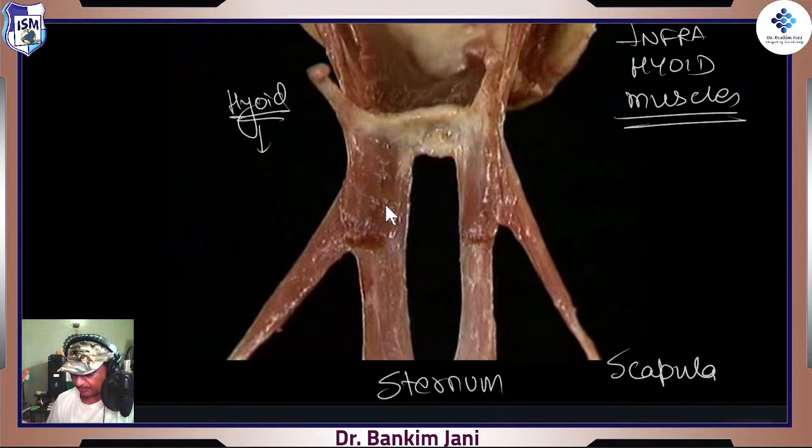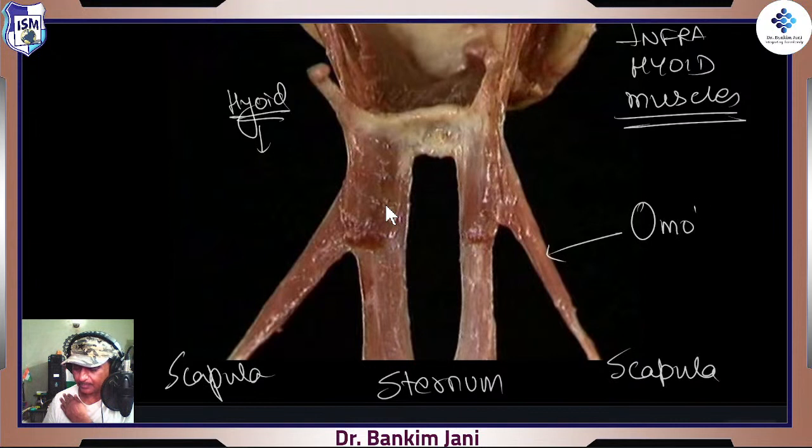So this is scapula, and here also it is scapula, right? But that's it. So the naming process starts: this muscle, which is going from hyoid to scapula, is called the omohyoid. The muscle which is going from hyoid to sternum, same naming, is the sternohyoid. So easy.